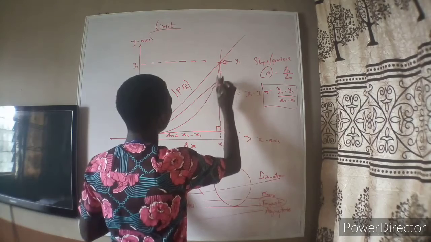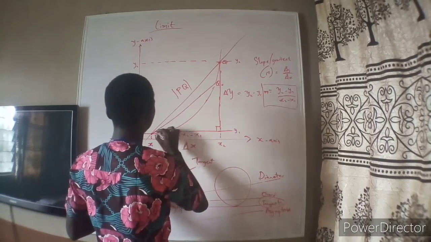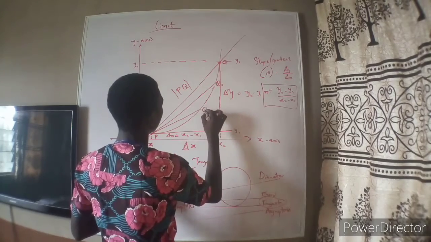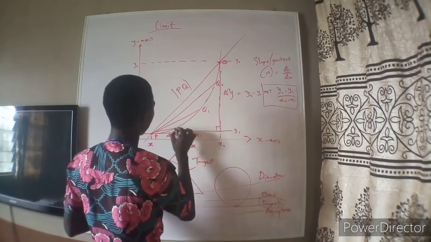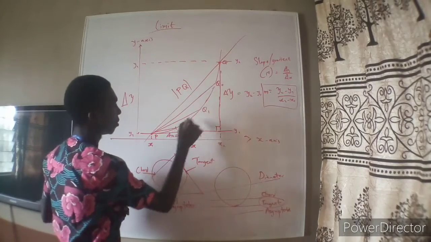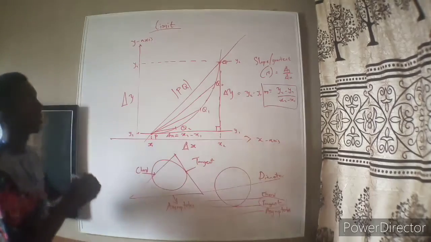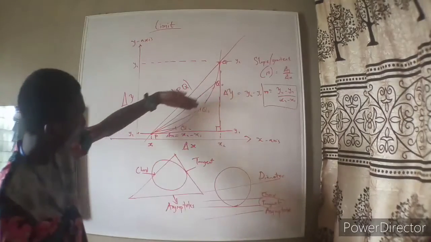Let me name this one Q naught, Q1, Q2, and so on like that. Now we'll find out this Q is approaching our P.